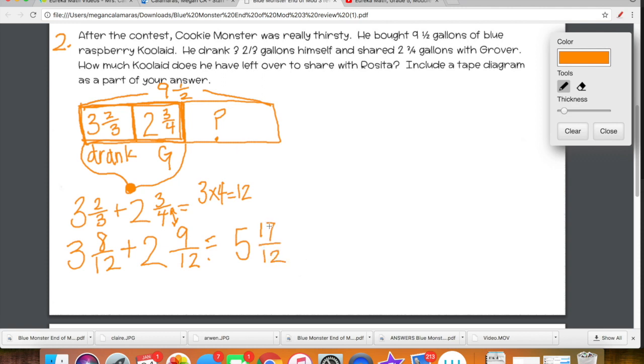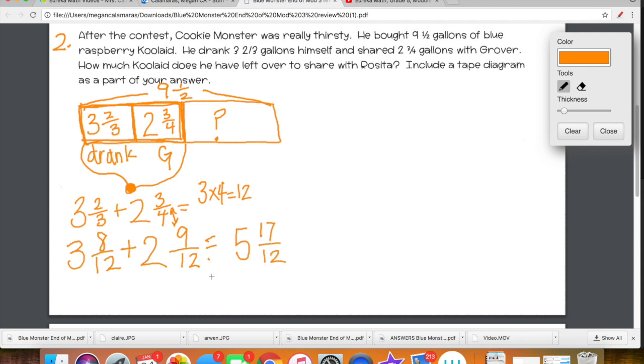So this is the amount. 5 17/12 represents the amount that we're going to take away from 9.5. 5 17/12 represents the amount that Cookie Monster drank and the amount that he shared. 5 17/12 is a mixed number with an improper fraction. The upstairs is larger than the downstairs.